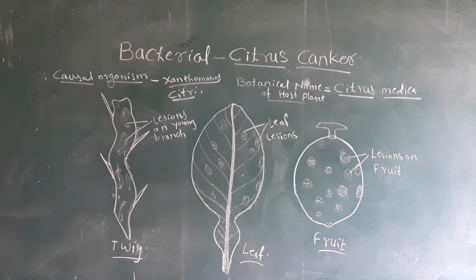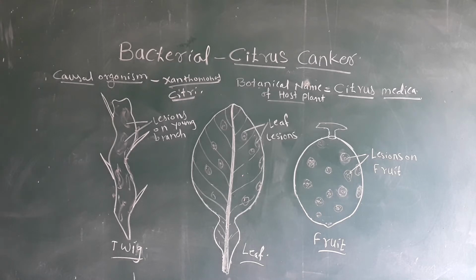Generally, citrus canker is a bacterial disease, and it is found on the members of the citrus, that is on Citrus medica. Citrus medica is the botanical name of the lemon, that is limbo. This disease can also be found on the sweet lemon, that is the Mosambi, and on the orange, santra, and the members of the Rutaceae.